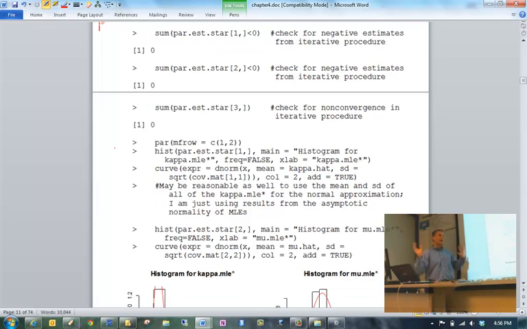Just throw this out there. If I didn't have convergence at some time, what would I do? You would not include it when you're doing your calculations? Yeah, I wouldn't include it when I'm doing my calculations. Oftentimes this is going to happen when you're doing research and writing a paper about the results.